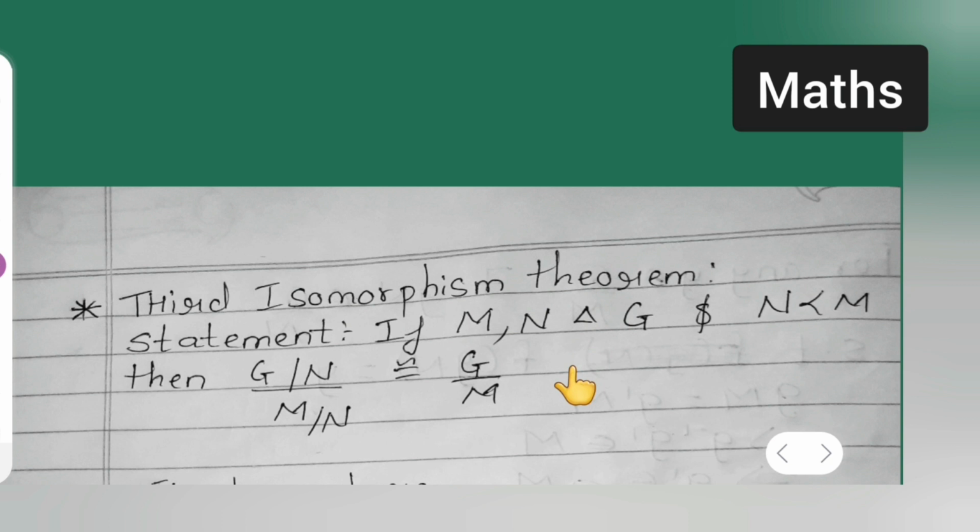Third isomorphism theorem. The statement of the third isomorphism theorem is: if M and N are normal in G, and N is a subgroup of M, then (G/N)/(M/N) is isomorphic to G/M.